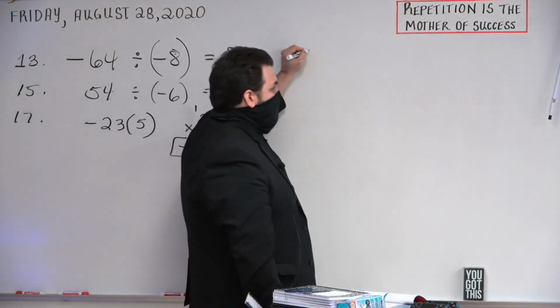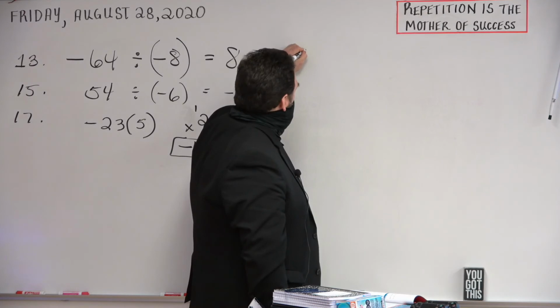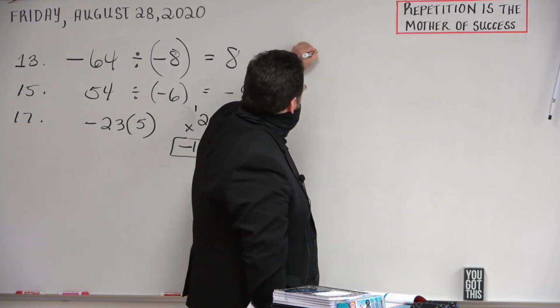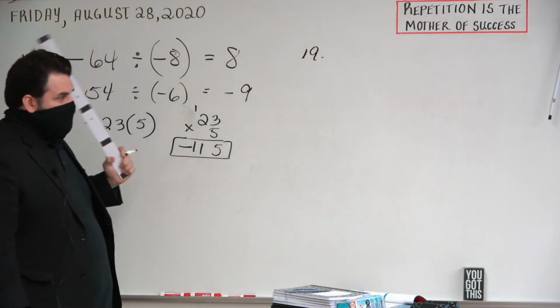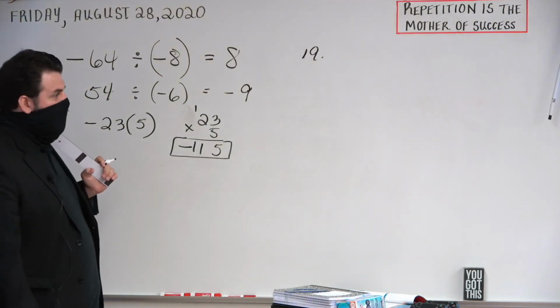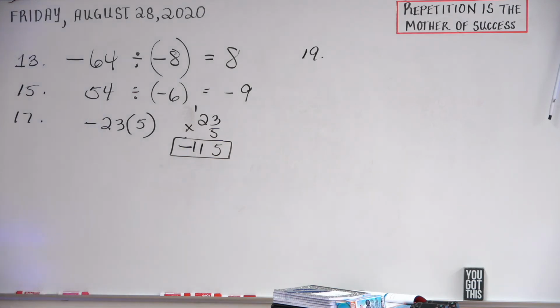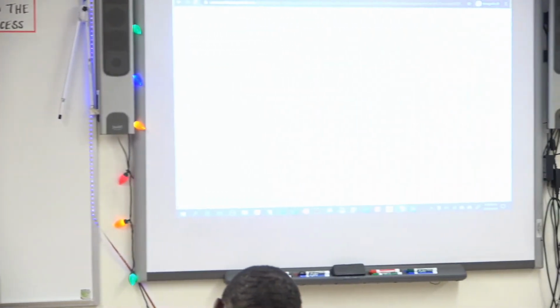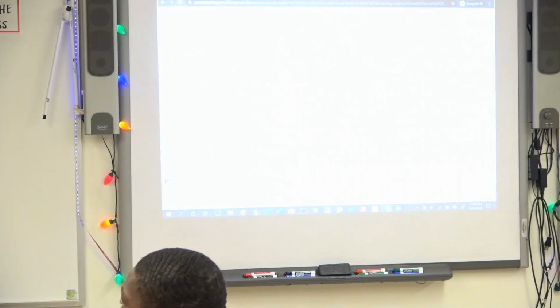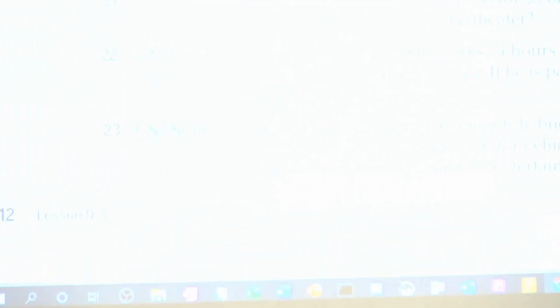Now we're on to number 19. For my viewers at home, I want to show you these problems, because I'm not going to be able to write all of them. So you can look on page P12 of your textbook.